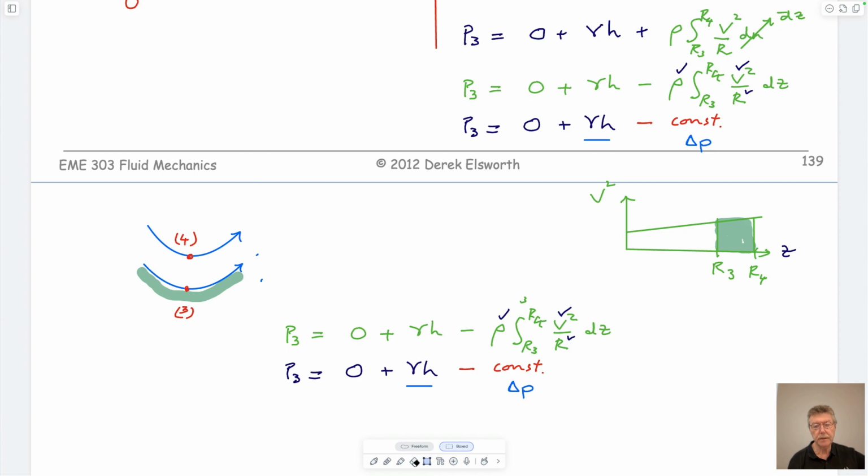I'm going to erase some of these and see what happens. I wish I could reset this so it doesn't turn off the eraser every time I pick up the pen. Control Z brings it back, I guess. Bear with me.